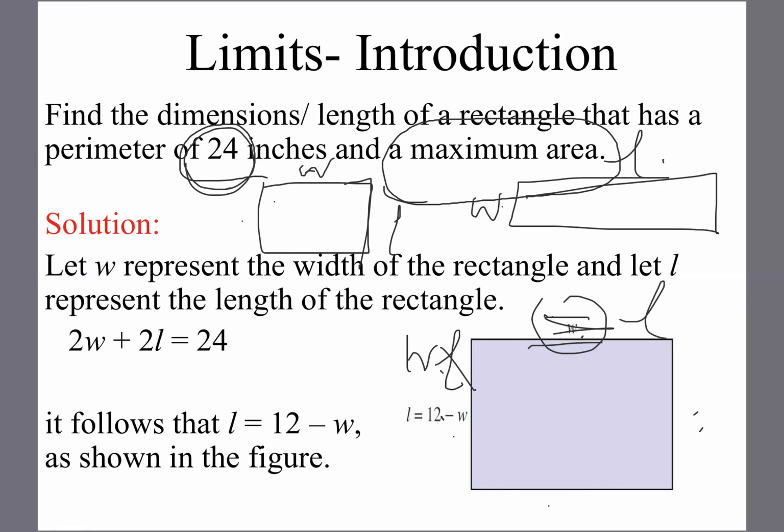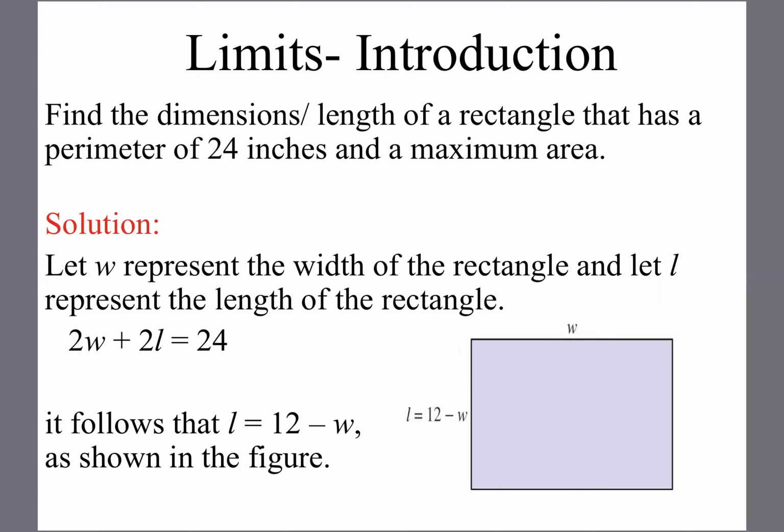So if we put W here, then the other side, L, we can represent as 12 minus W. Why? Because we know these 2 sides have the same total as the other 2 sides.